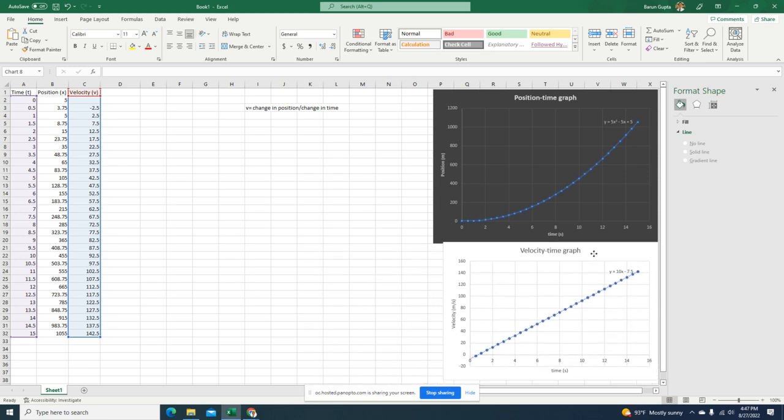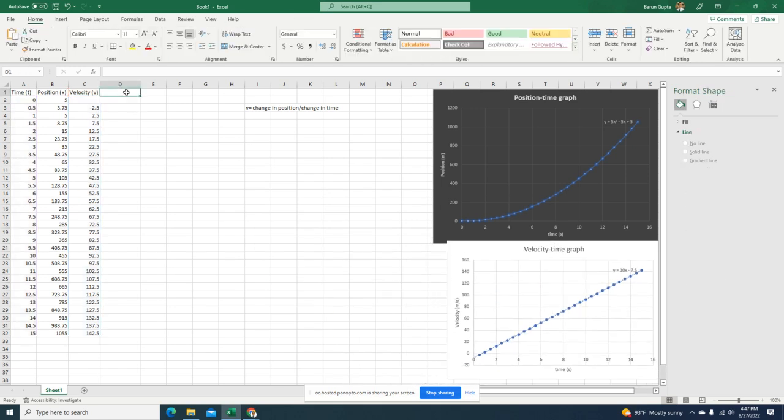Now we need to know the acceleration. How is the acceleration defined? The acceleration is defined as a change in velocity divided by change in time. So we have to find out the change in velocity.